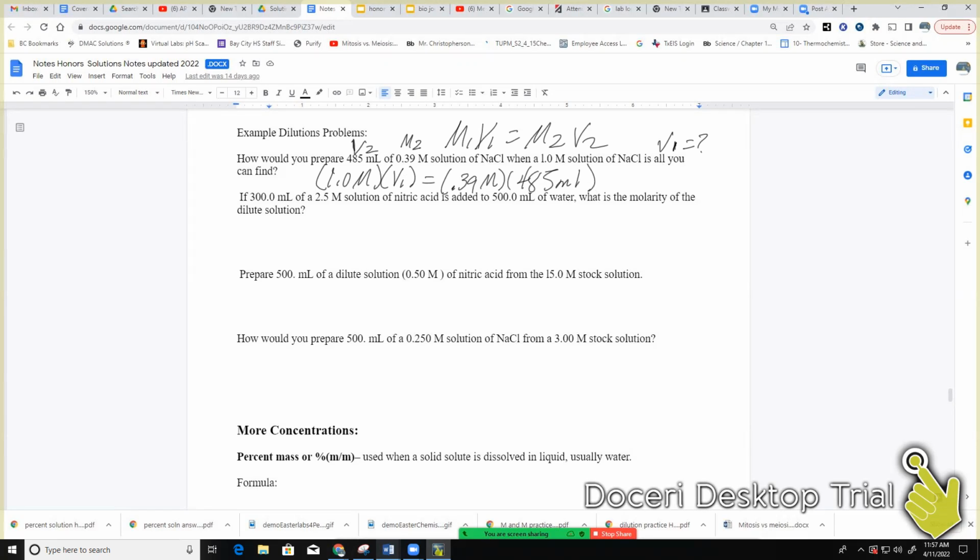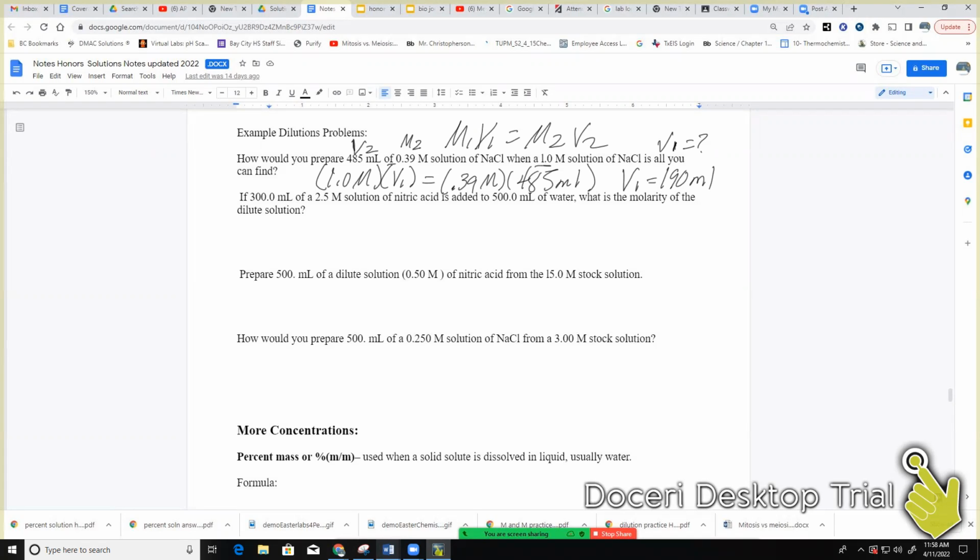All right, so you're going to multiply, bring your 1 over, doesn't change it. And when you solve for that, you should get a V1 of 190 mLs. And that's just 2 sig figs because we had a couple of things that were just 2 sig figs. So that's my V1.